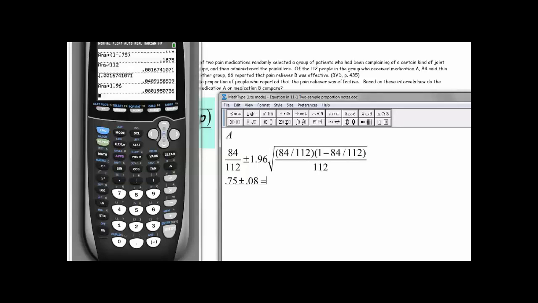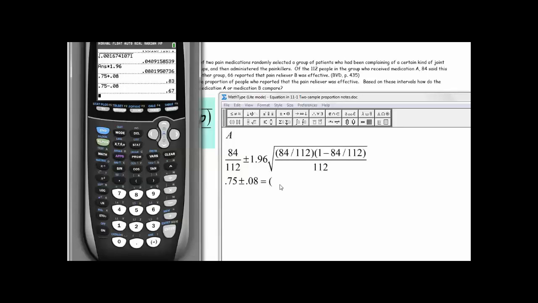So I want 0.75 plus 0.08 and 0.75 minus 0.08. Okay, so that says that the confidence level is somewhere between 0.67 and 0.83 for A. Okay, then we want B.